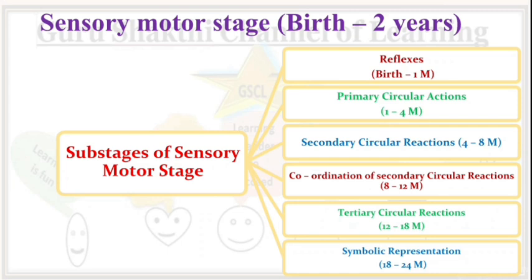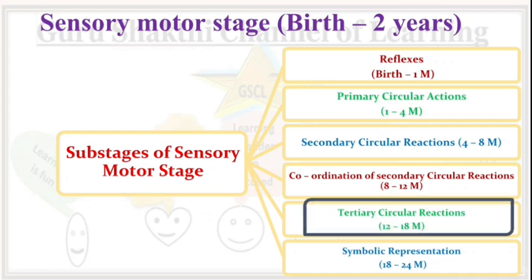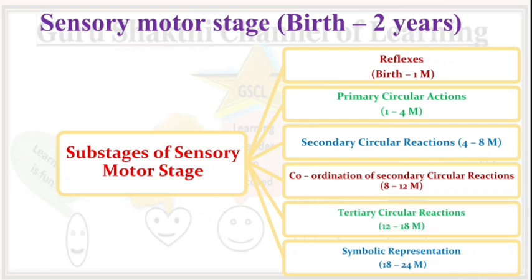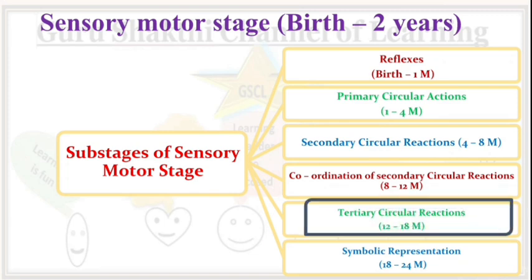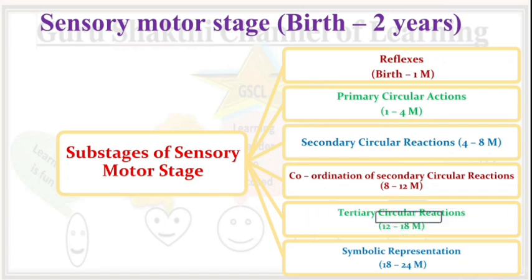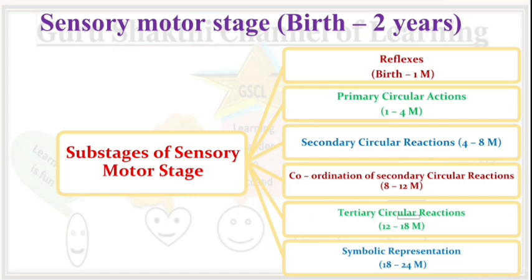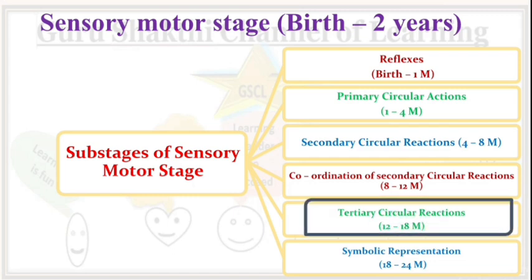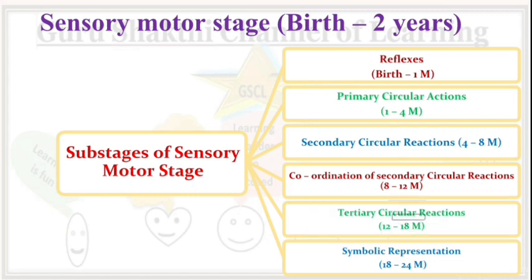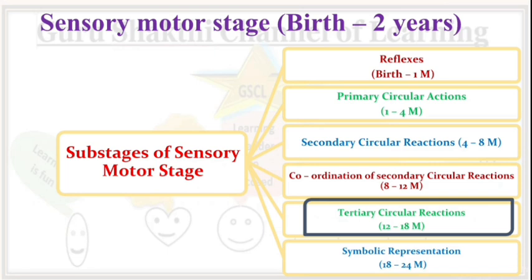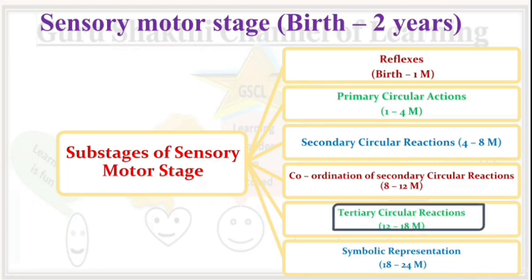The fifth substage, tertiary circular reactions, 12 to 18 months. At this stage, the understanding of cause and effect relationship and object permanence grows stronger.